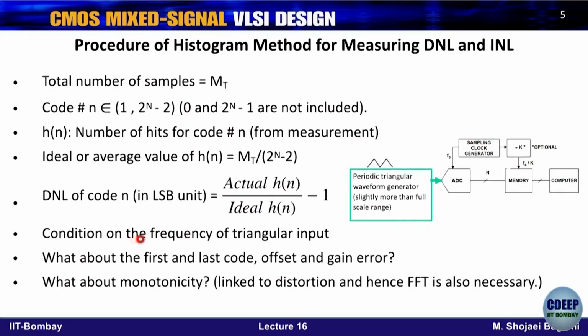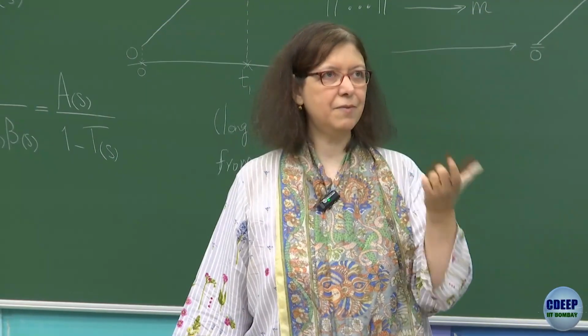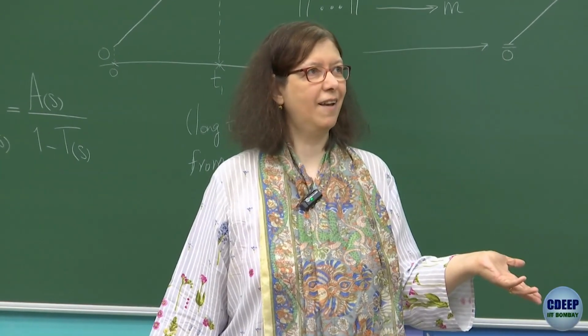But if we have DNL, then this h of n will not be the same as before, it will be different. So this actual h of n upon ideal h of n minus 1 is actually the DNL of the code, right? Depending on how DNL is more than or less than 1 LSB, the number of samples for that particular segment will change proportionally.